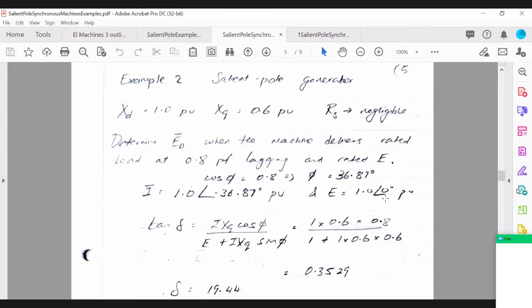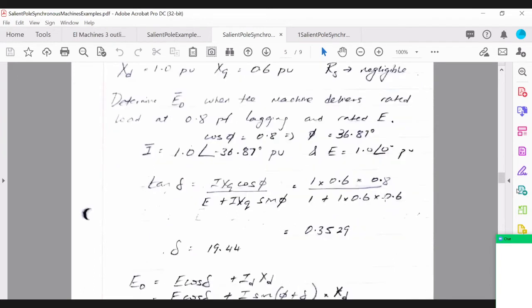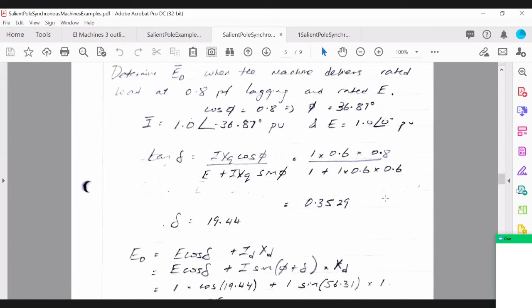All right. So the next step is to determine the load angle at this particular operating point. How do we get the load angle? We use the equation tan delta is equal to this equation here, which is specifically derived for a lagging power factor salient pole generator.